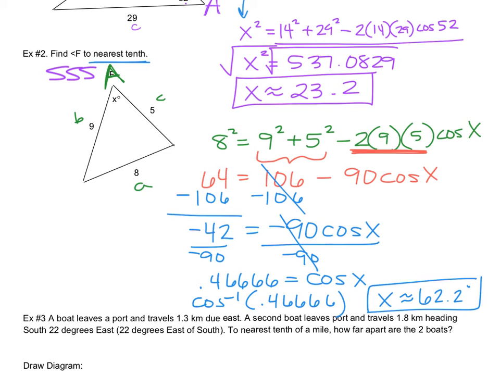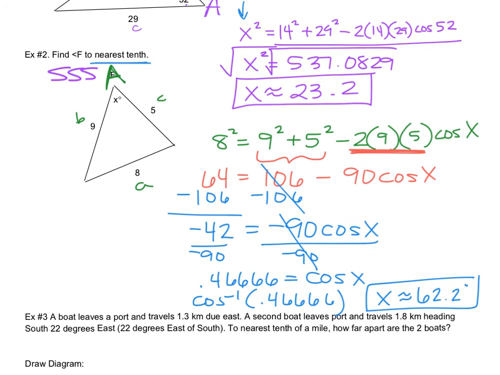Yeah? How do you know whether to do the cosine or the one we learned yesterday, the sin? I always say look for law of sines. So law of sines, if you have an angle with the side across from it and an angle with the side across from it, you'll do the law of sines. If you don't have that, it's probably law of cosines.